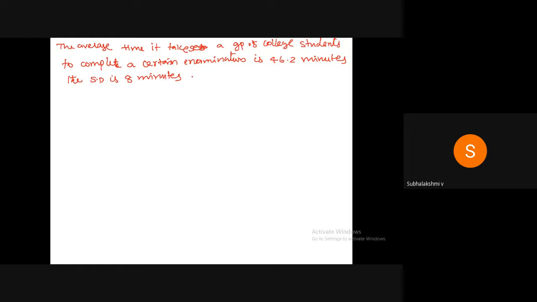Assume that the variable is normally distributed.